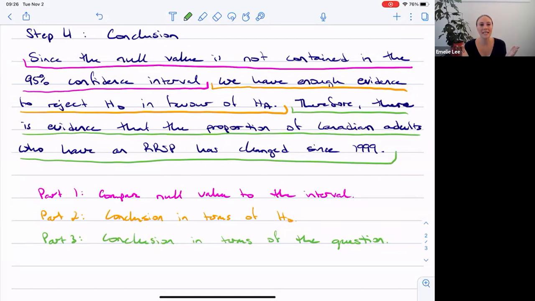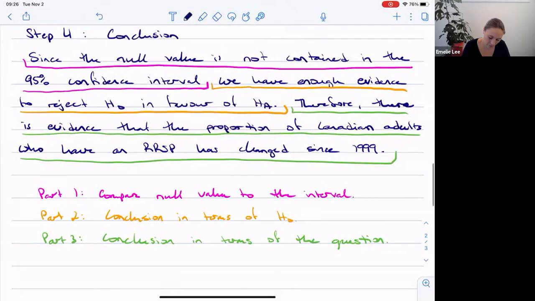For example, we can only talk about whether there's been a change since 1999, right? Even though from that interval that we drew out, we can see that it looks like it's actually increased. But because we're making a 95% confidence interval, we can only talk about a change. So that's a shortcoming of using a confidence interval.